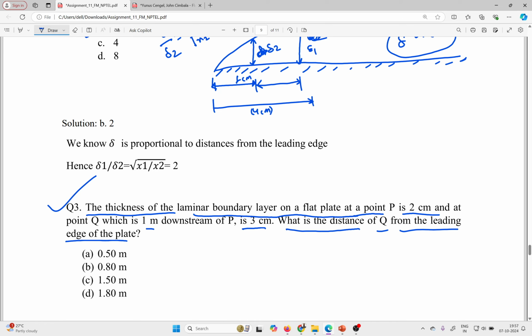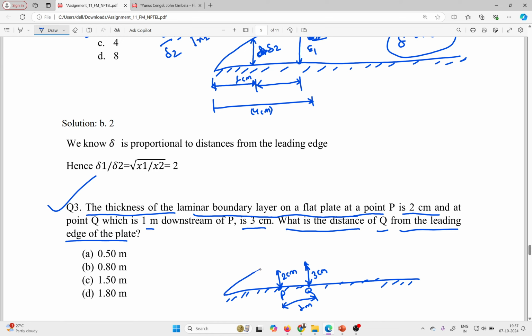Question 3 is about the thickness of boundary layer on a flat plate at point P, which is 2 centimeter, and at point Q, which is 1 meter downstream, it is 3 centimeter, a little bit higher.